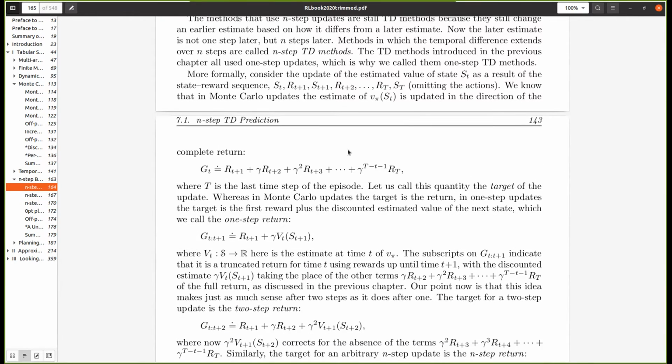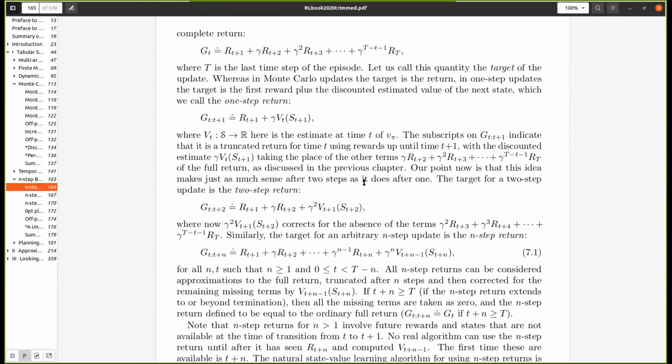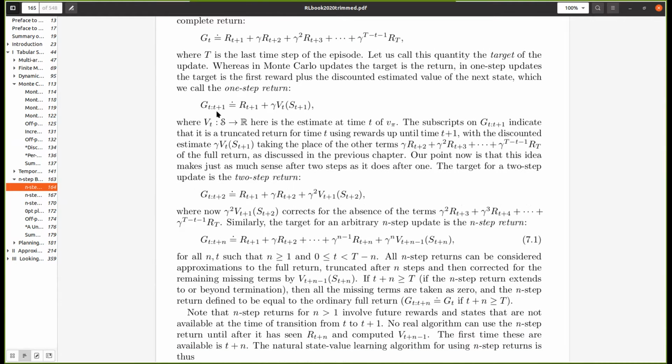So let's look at the formulas. How does all this work? Our one-step return is defined just as the sum of the reward at step t+1 and the state value function estimate for state t+1 discounted by factor gamma.